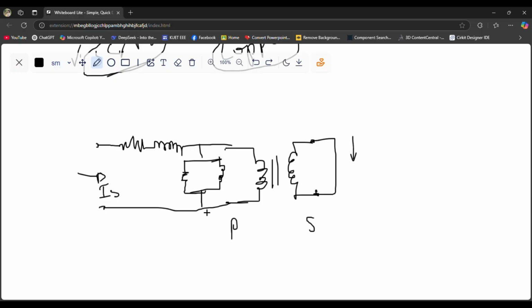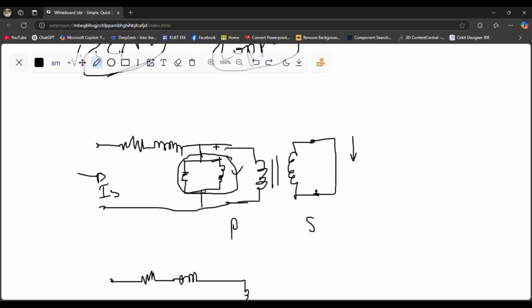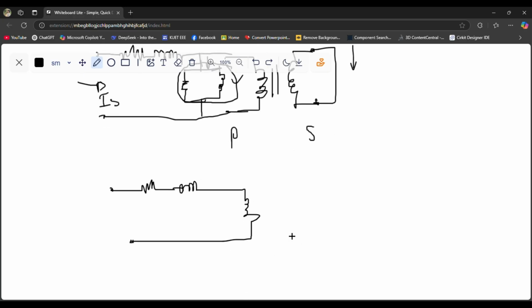When we provide rated current in the primary side, we have to neglect this portion, because a high current will flow in this circuit compared to this part. So the circuit should look something like this. That means no current will flow in this portion, so we take it like this, and the rest of the circuit should look like this.